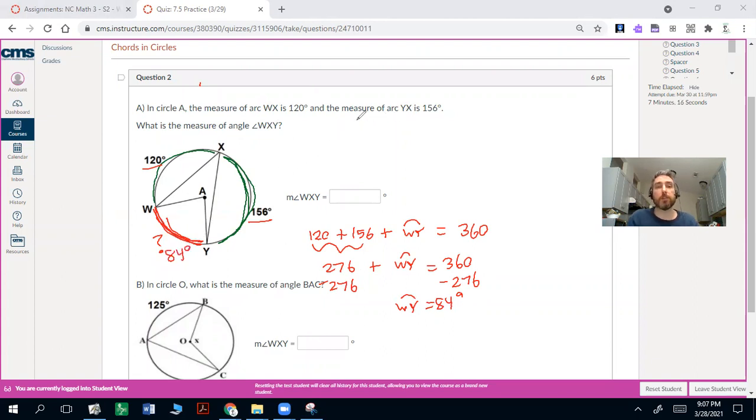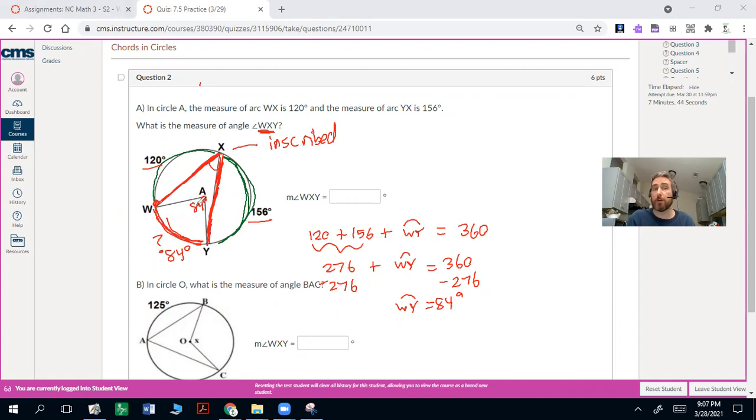Now the question wants to know, what is angle WXY? So let's carefully trace that out. WXY, I'll keep it in red, is starting at W, going through X, and then going over to Y. It's not in the center, it's the inscribed angle. So we have to first realize that this central angle here at A is going to be 84 degrees.